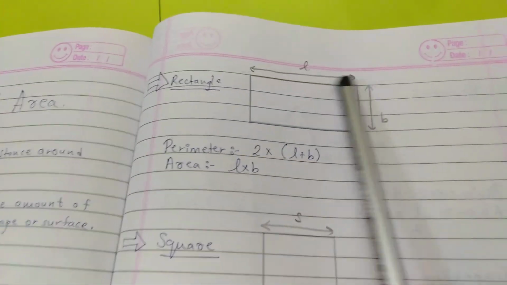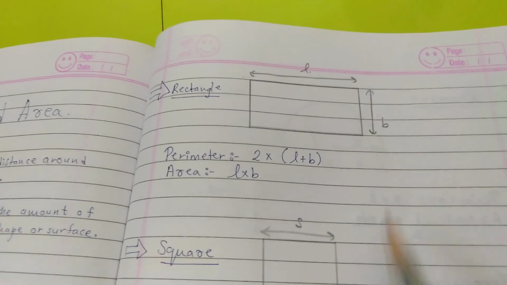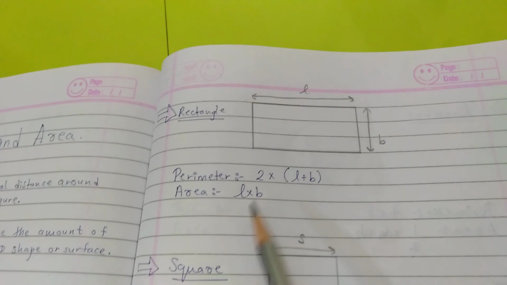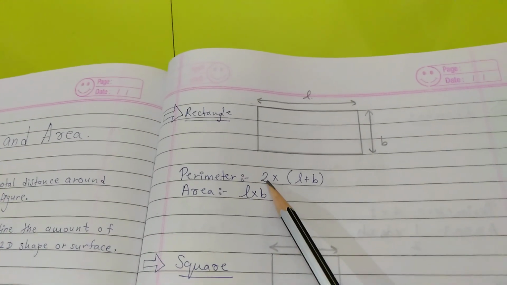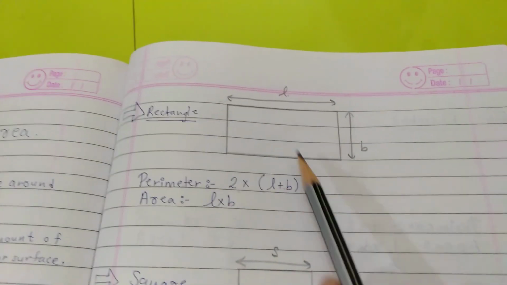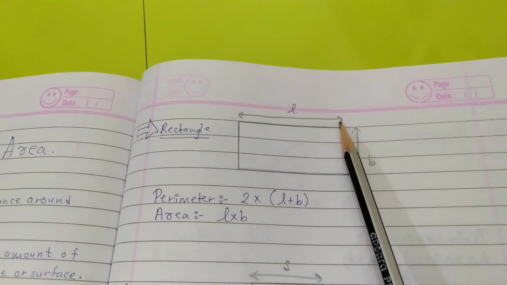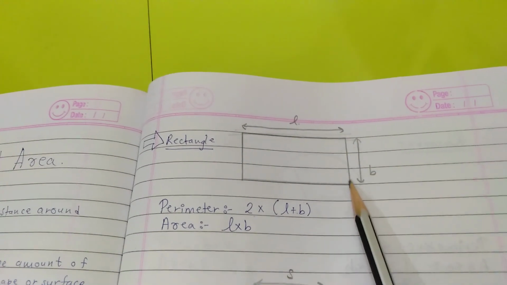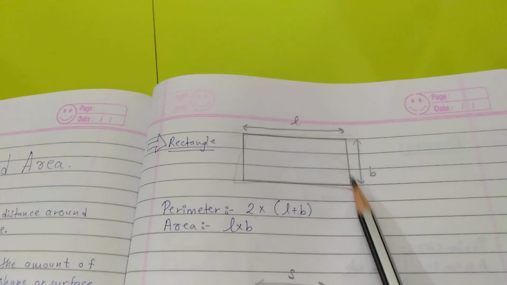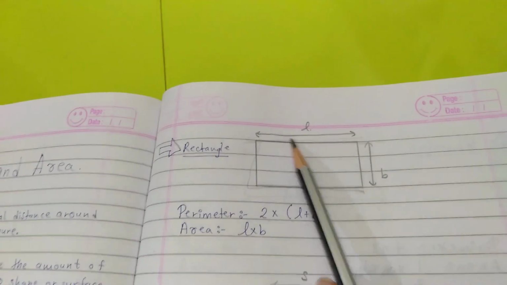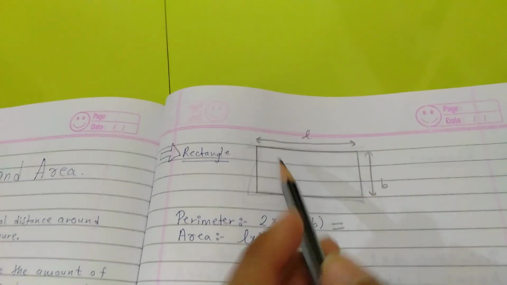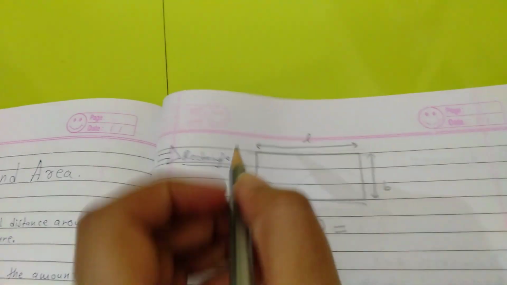This is the length of the rectangle and this is the breadth of the rectangle. Perimeter is 2 into length plus breadth. As I've told you, perimeter means length of the boundary. The boundary of the rectangle is this, this, this and this. So perimeter will be the addition of the lengths of the edges.